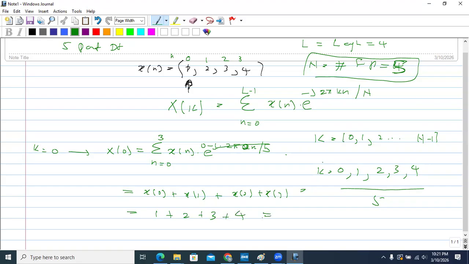So what is the value? 1 plus 2 plus 3 plus 4 is 10. So this is the zeroth frequency sample, the zeroth frequency component, the value at 0 hertz.